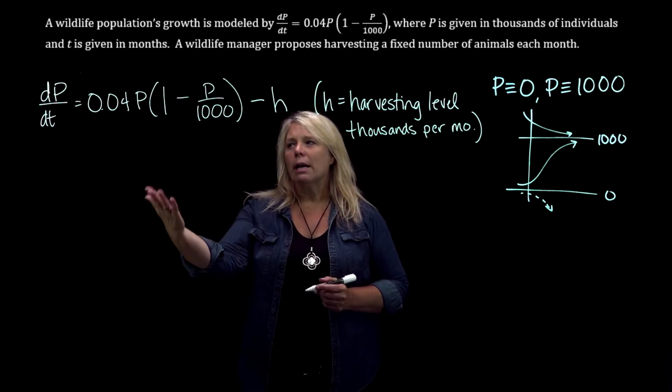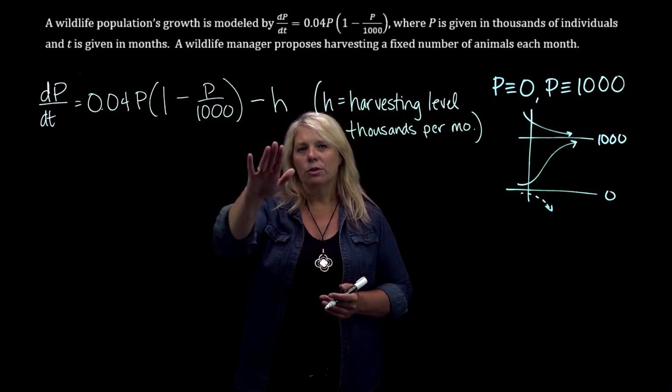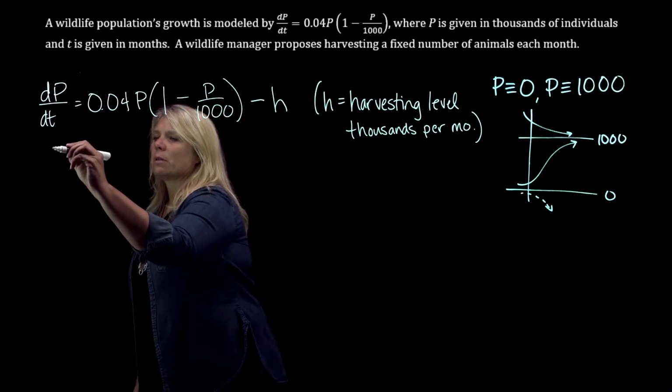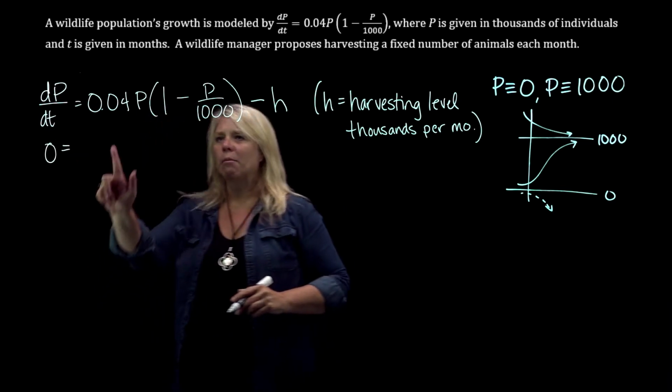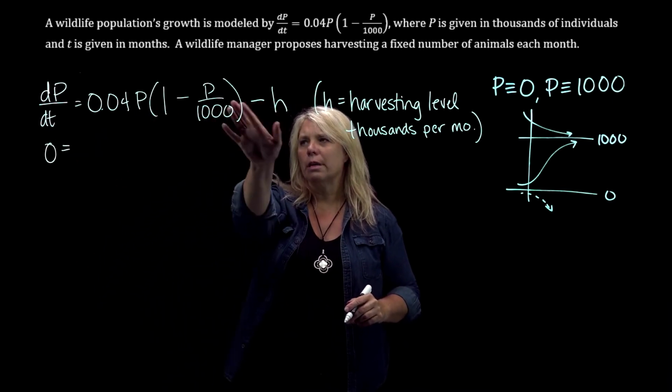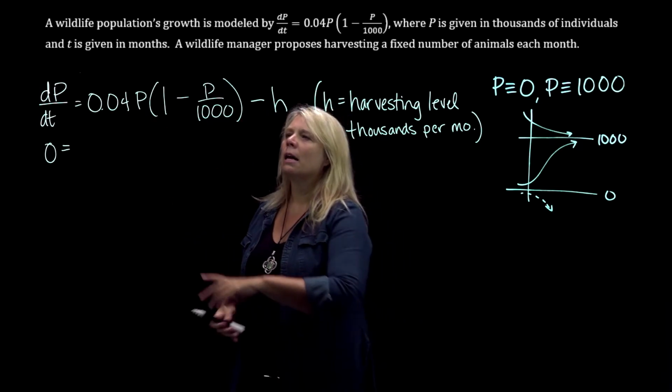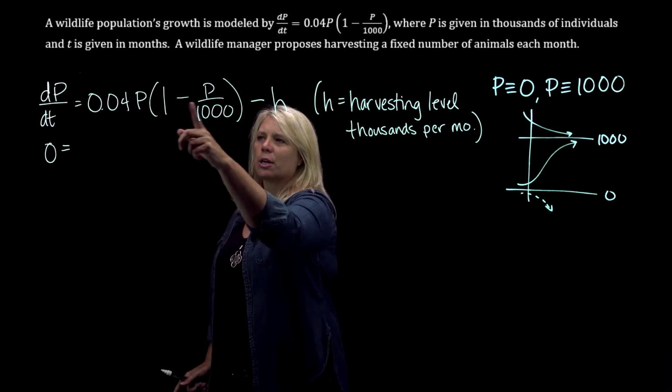All right, so we want to think about the equilibrium solutions of this new differential equation. So we're going to set that equal to 0. And I'm going to go ahead and distribute through and do a little simplifying as I do that. I'll have a p squared term here.